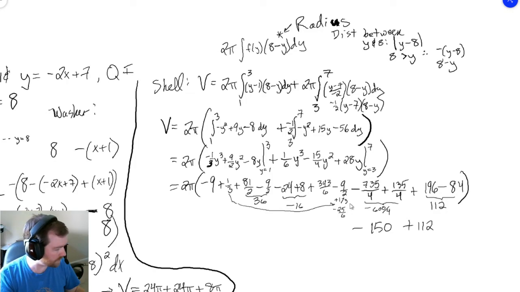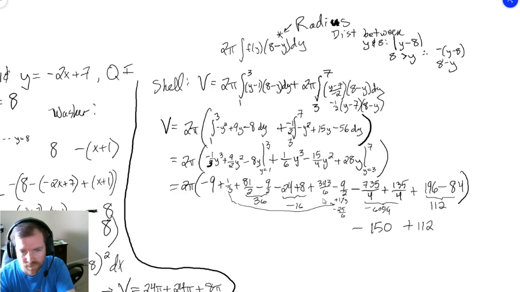And 343 minus 25 is going to be 318/6, which is divisible by 6. Cool. Get a 53 between those two, which is positive 53.